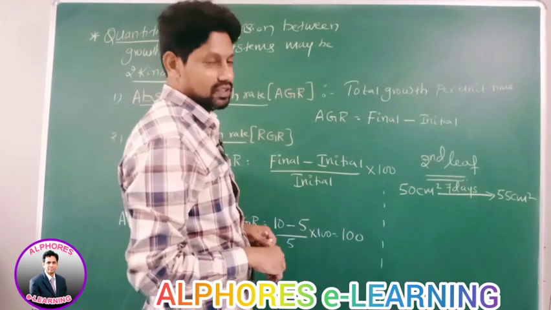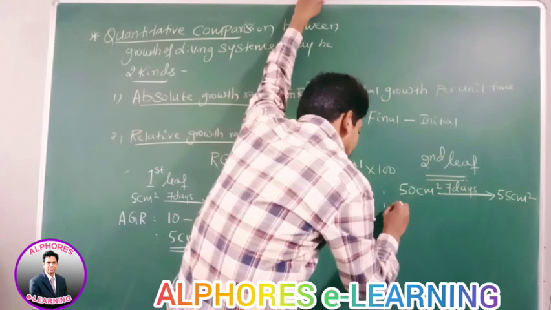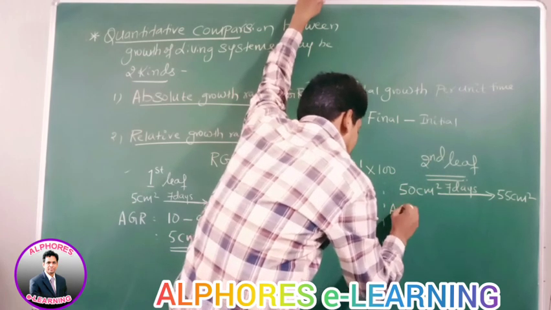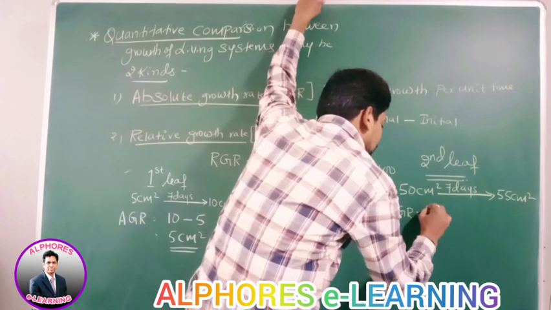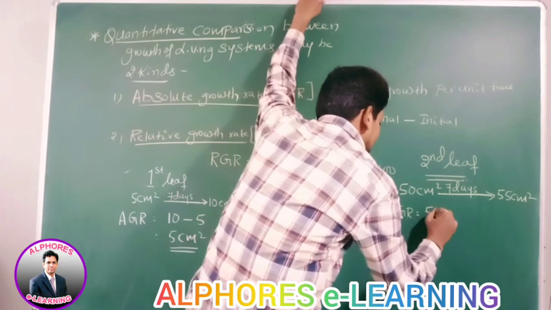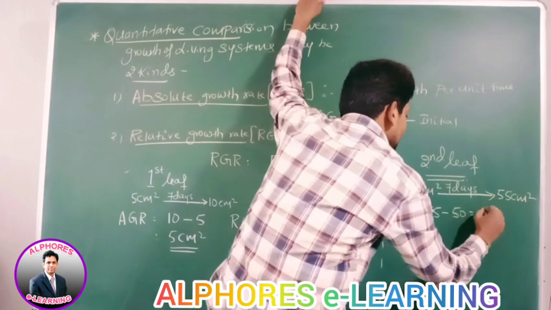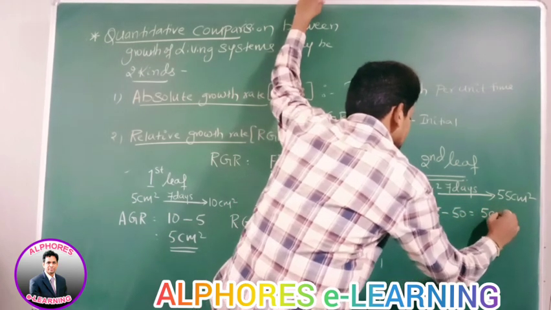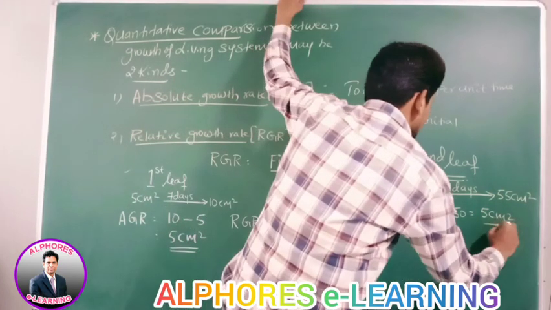In this second leaf, what is absolute growth rate? Final minus initial. It becomes 5 centimeter square.